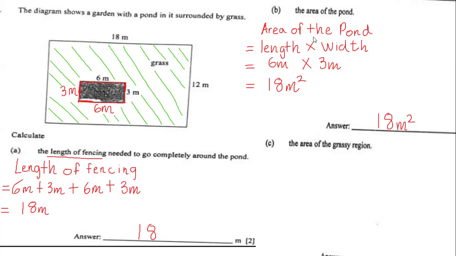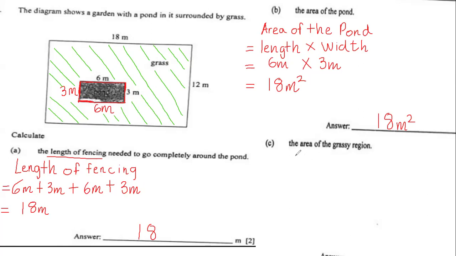Yes, I would say we would multiply 18 by 12, and then we would subtract the area of the pond. Very good. Okay, and that'll be correct.